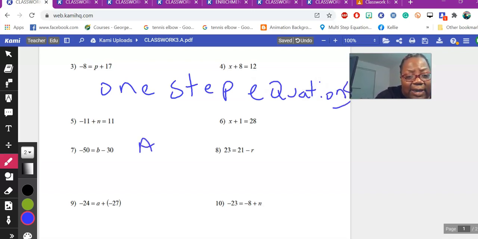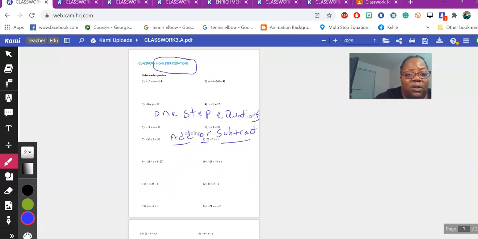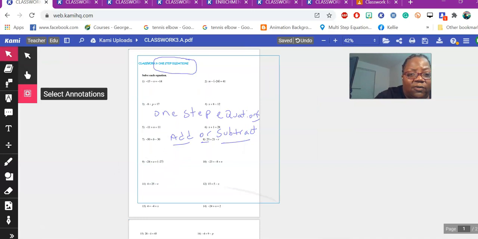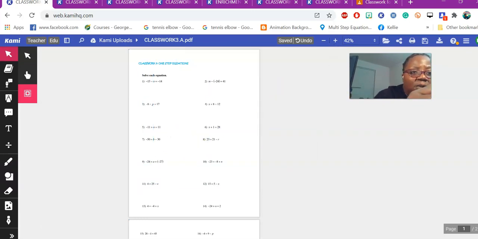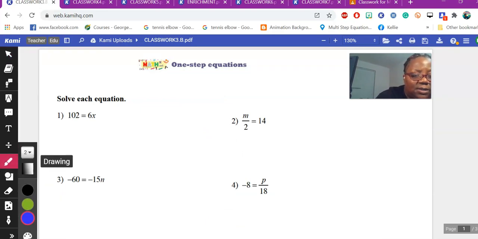Add or subtract, right? Now, what I also put on video are these one-step equations.